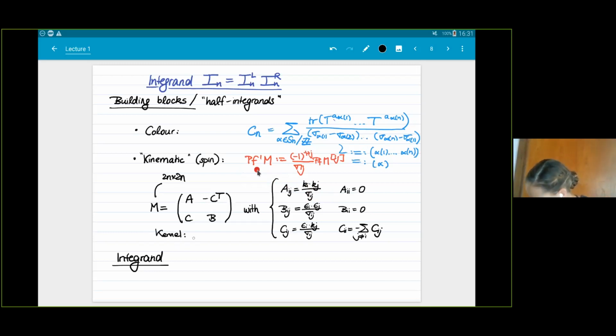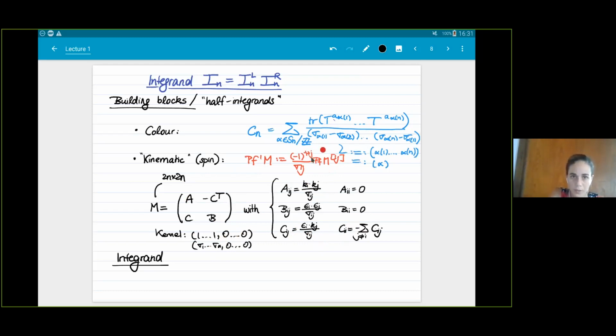The kernel is spanned by two vectors, one that just contains ones in the first n entries and then zeros, and one that just contains sigma_1 up to sigma_n in the first entries and then zeros. So this is true on the support of the scattering equations. The first one you can check directly. On the A's, this is just the statement that the scattering equations hold. And on the C's, you can see that they're designed so that this also holds.